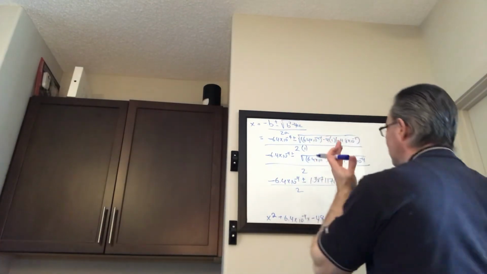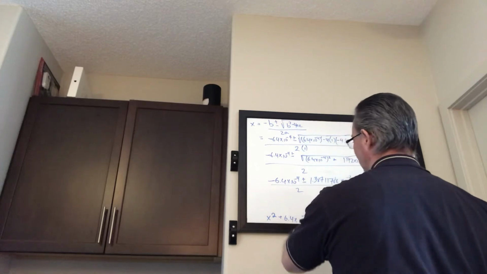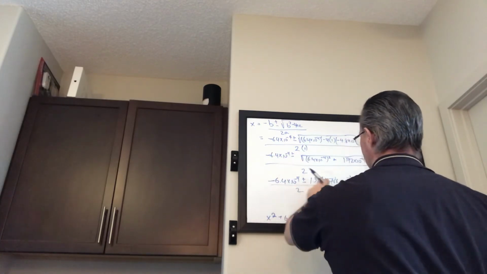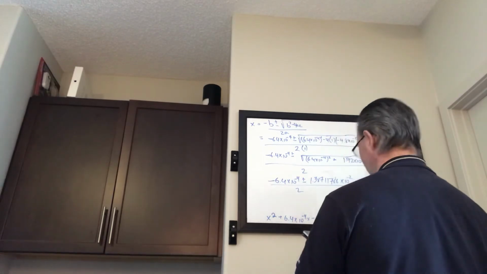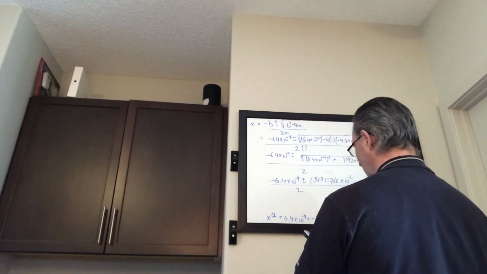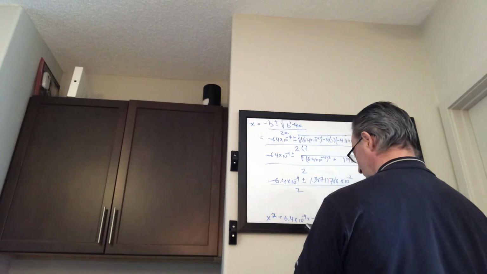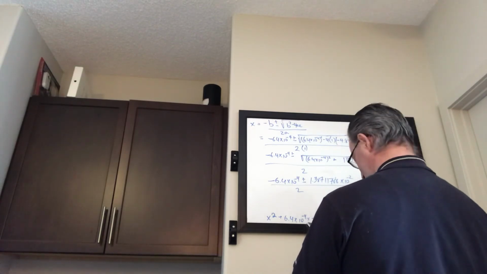Now the negative value is useless, so we're not going to go there. I'm just going to say minus this plus that, so it's basically subtracting 6.4 exponent negative 4 and dividing that by 2.